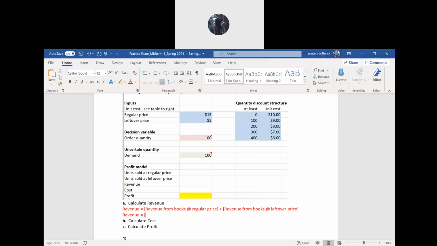So the revenue from books at regular price would be the regular price, $15, times how many books we sell at regular price, which would be 100. We ordered 100. There was a demand for 100, so we're going to sell them all at that regular price.